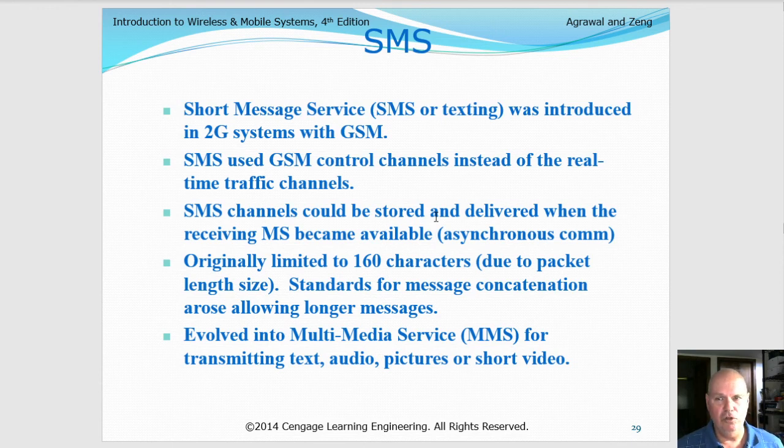One huge difference for SMS is that SMS messages could actually be stored. So it was a store and forward service, as opposed to when we used our phones for conversations, where both users had to be actively involved.